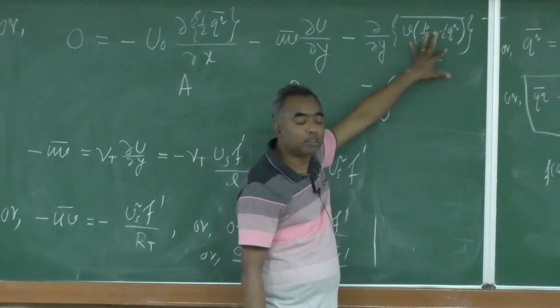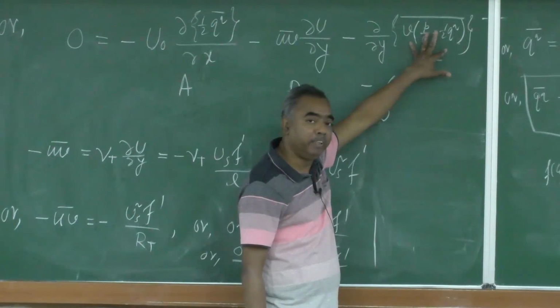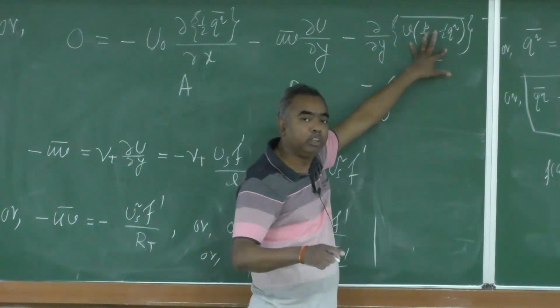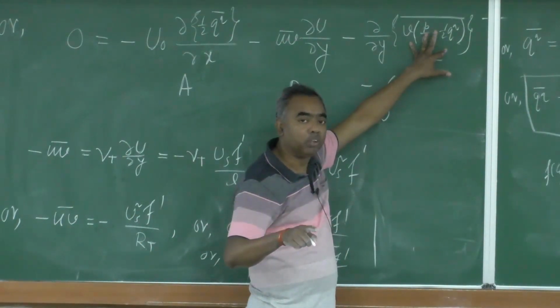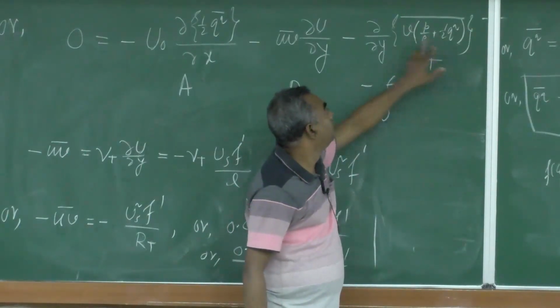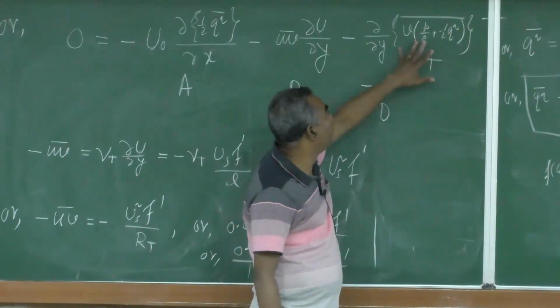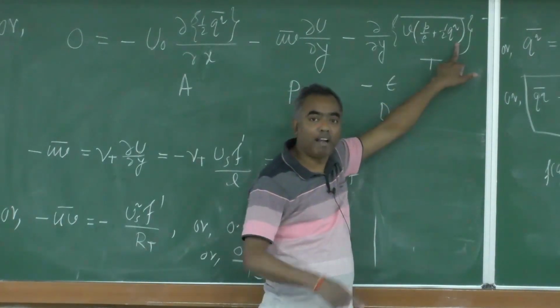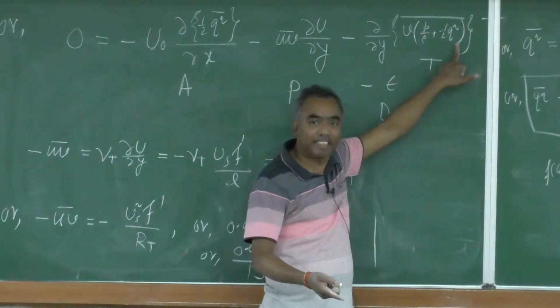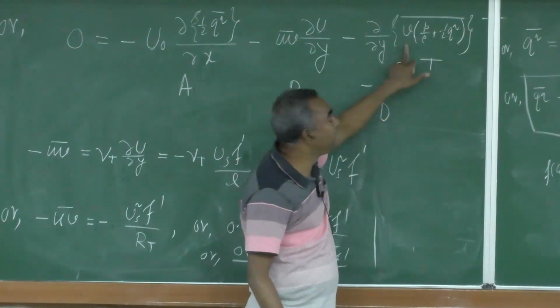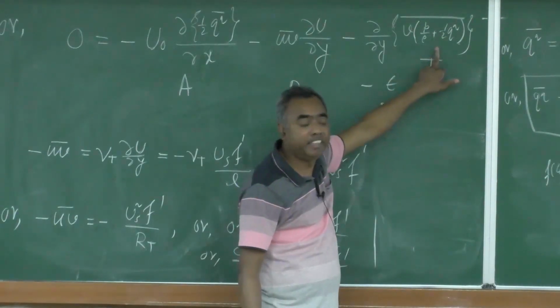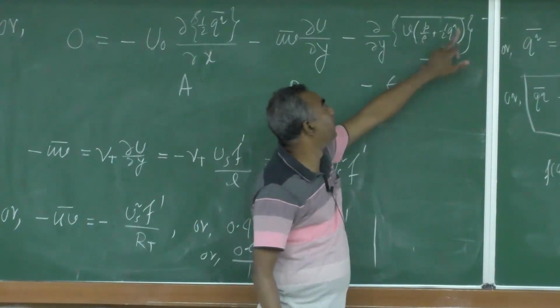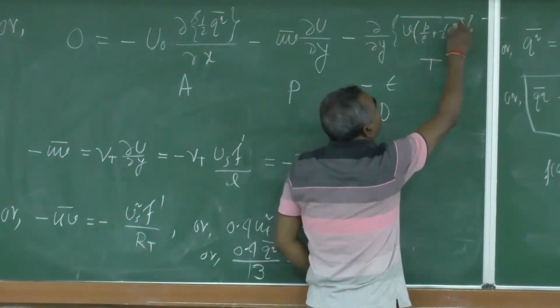As per the mixing length theory, how do we express u v, the Reynolds stress? nu t into the gradient of the u velocity. So in this case, v into this quantity can be approximately or crudely expressed as nu t into the gradient of this quantity, q square.